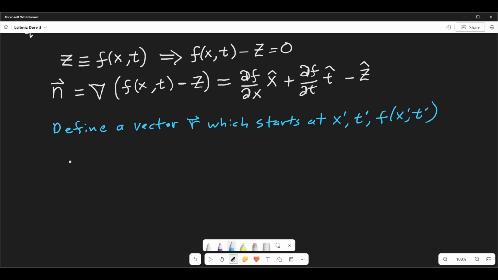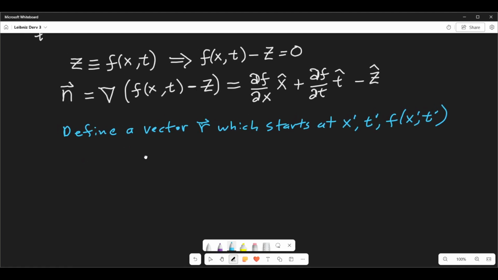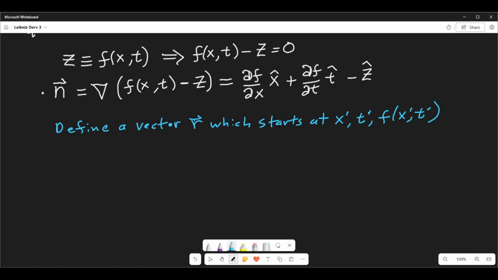So the plane is going to be essentially every vector R which is going to satisfy a special equation.